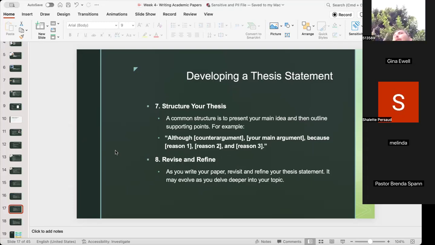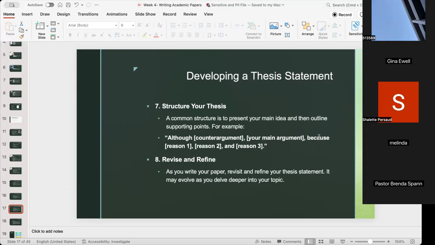Okay, so a common structure to present your main idea and then outline your supporting points: you might say, although, and then you might have a counter argument, such as, although so-and-so thought Moses was weak, then you put your main argument.